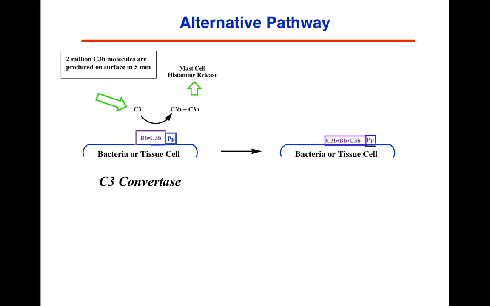Now, you increase the amount of C3b, you can add additional C3b to that complex, and when that happens, that complex will now carry out C5 convertase activity and convert C5 to C5b and C5a.